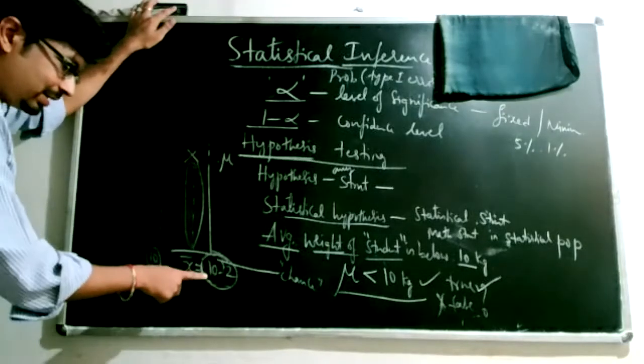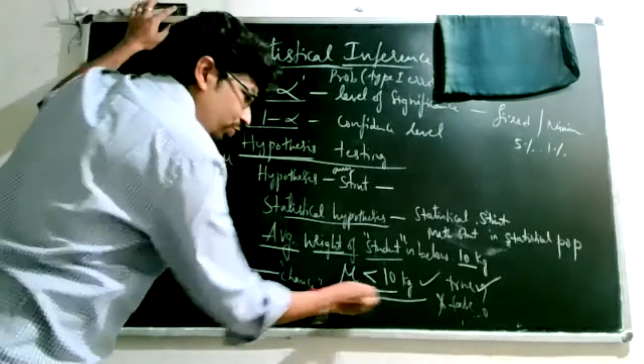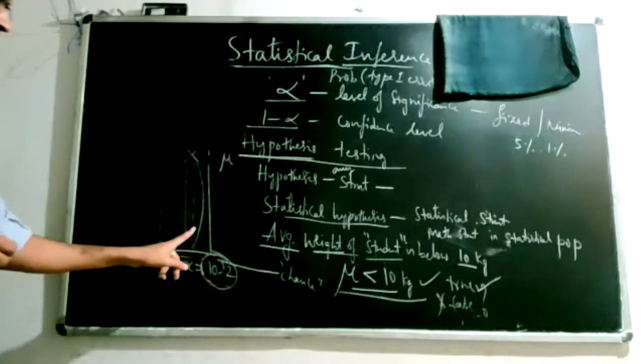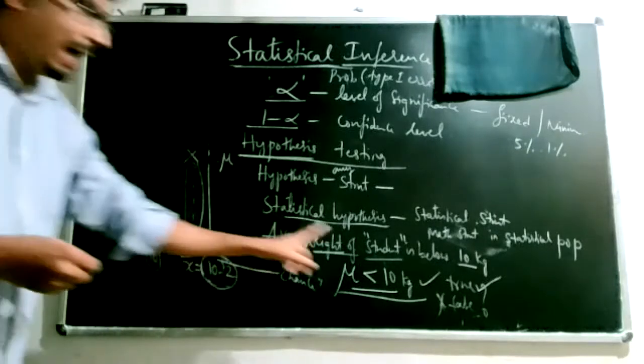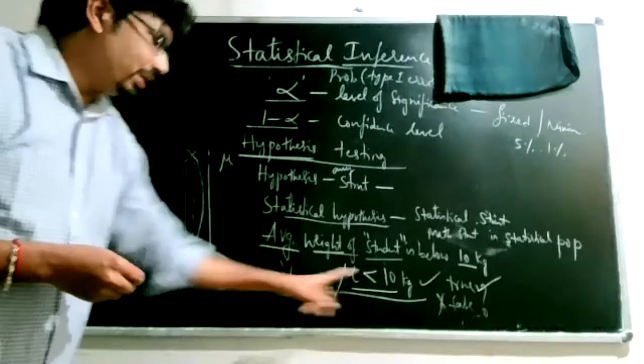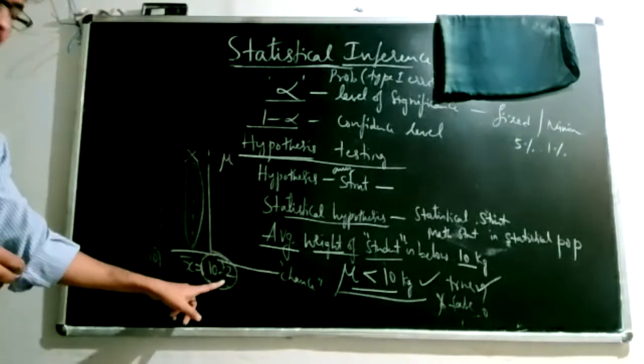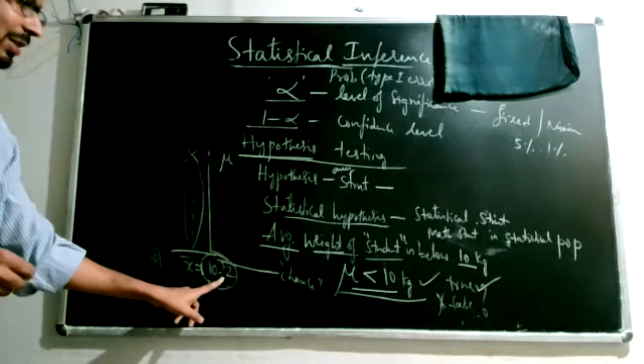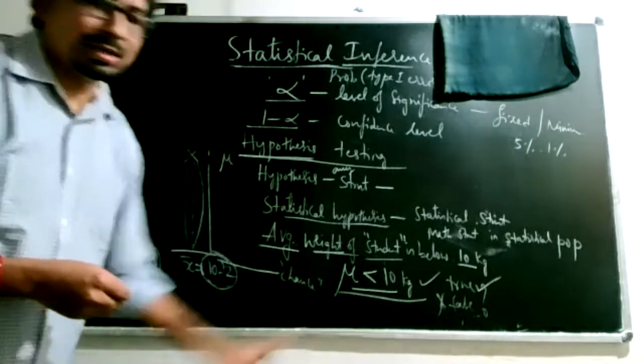But is this giving me really a true picture? Is 10.2, whatever I have observed for the sample, telling me my population mean is actually below 10, but because of this sample I have observed this? Or is it telling me the actual mean is 10.2 only, therefore this statement is false?